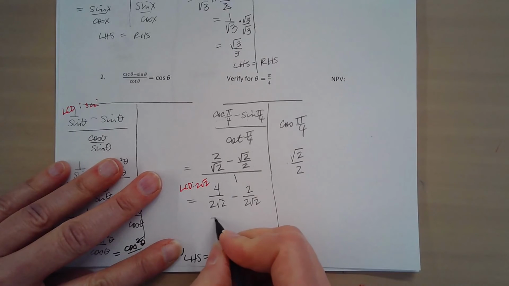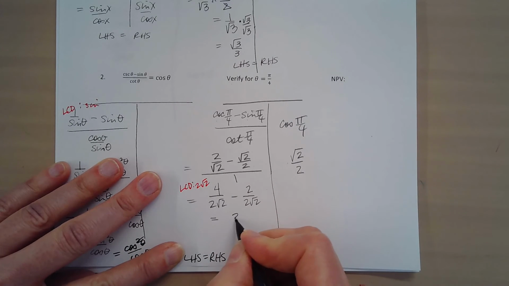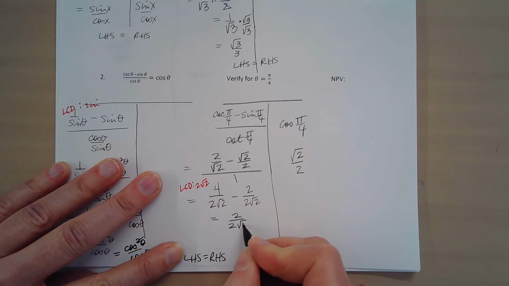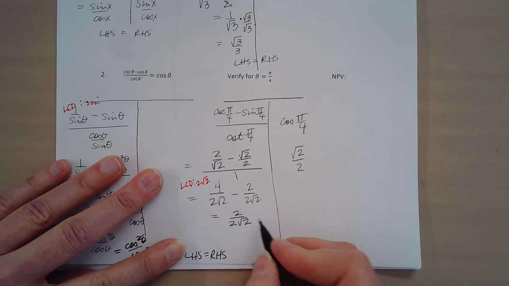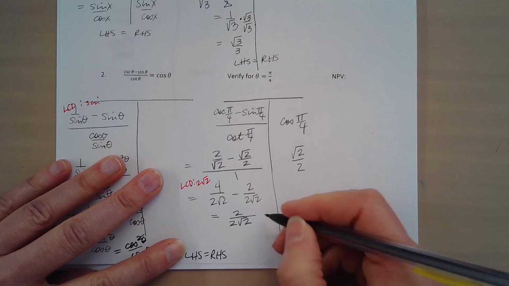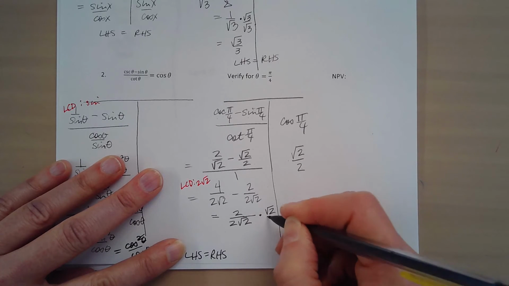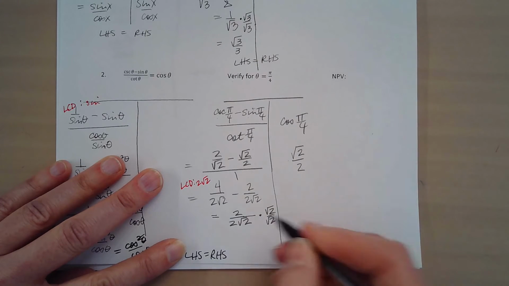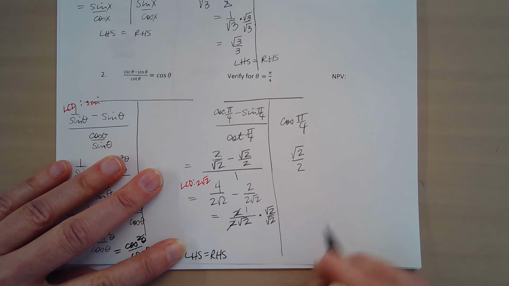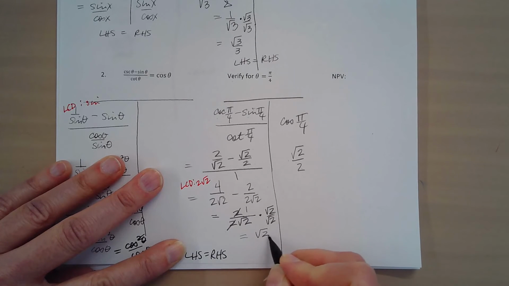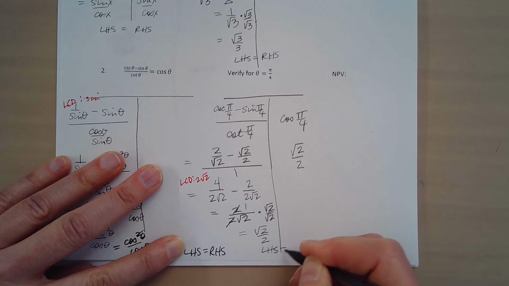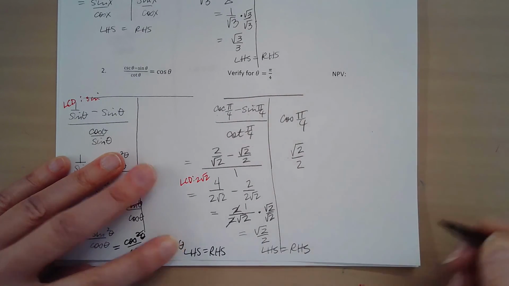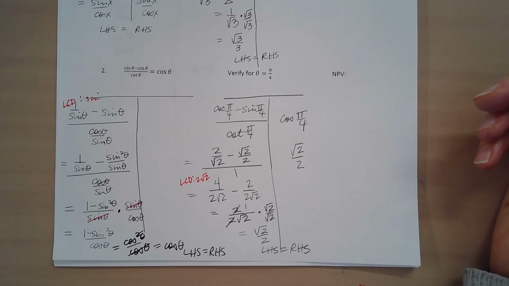So then I get 4 minus 2, I get 2 over 2 root 2. So let's rationalize again and see what happens. I'm going to multiply by root 2 on root 2. And these guys cancel out, right? So I just have my 1 here. So that gives me my root 2 over 2. Perfect. So left-hand side equals right-hand side. So I've shown that it's true. I've verified for pi on 4.